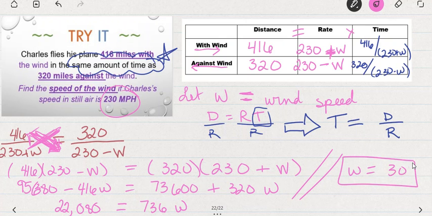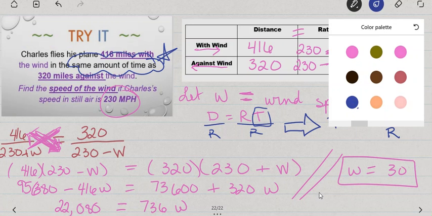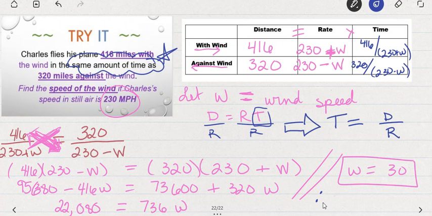And that's it, other than answering the question, because the question asks us to find the speed of the wind. Oh, actually, that is the answer. That's all we needed. I thought it was going to ask us the rate with and against the wind. But we could end our problem here by writing our therefore statement.